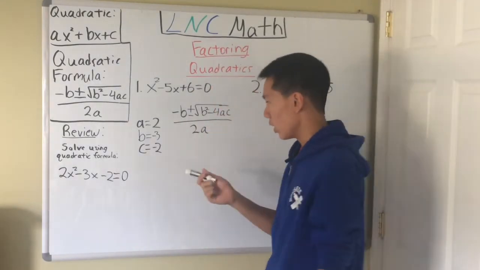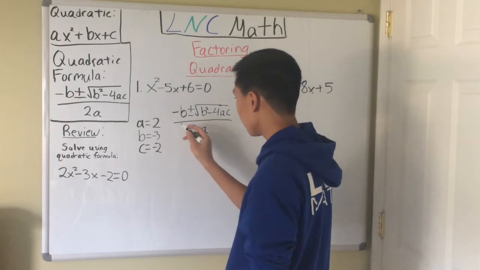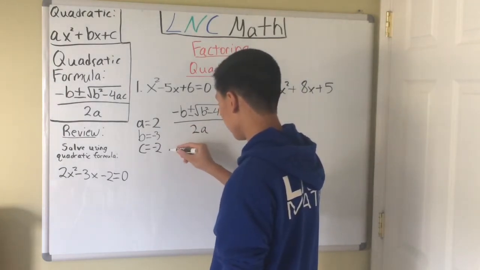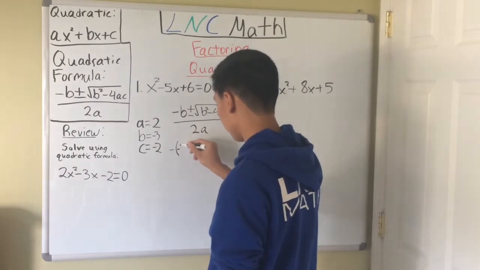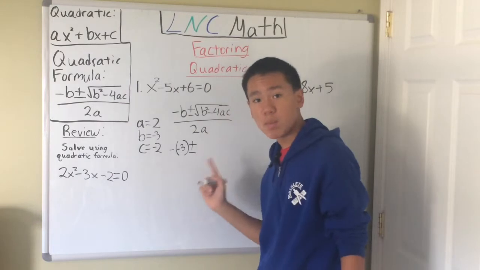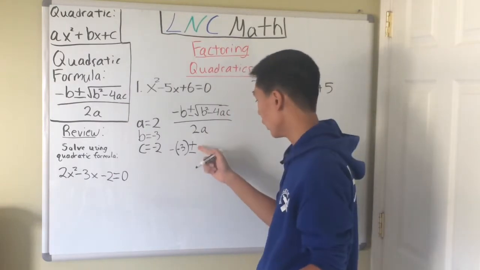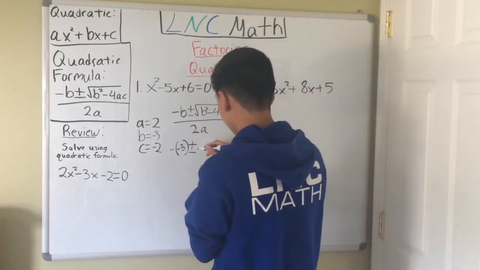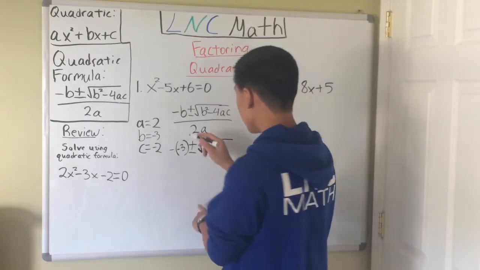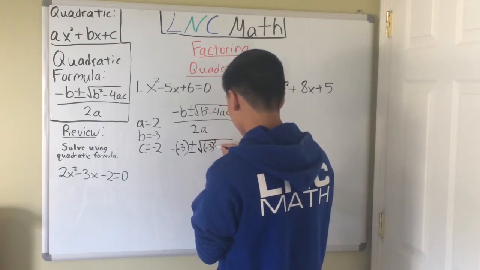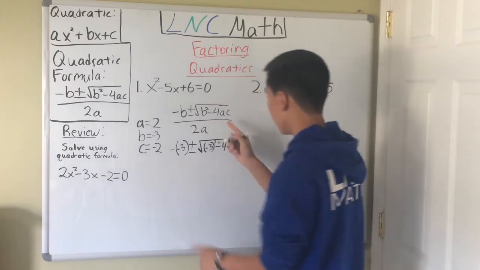Okay, now let's plug in our variables. Negative b is negative 3, so negative 3 plus or minus. And remember that plus or minus means that we have two solutions. One is when we add, and the other one is when we subtract. Plus or minus the square root of b squared, so negative 3 squared minus 4 times, what is a?